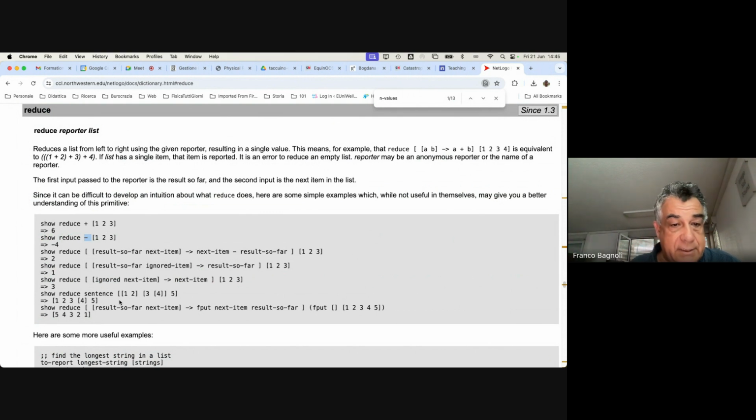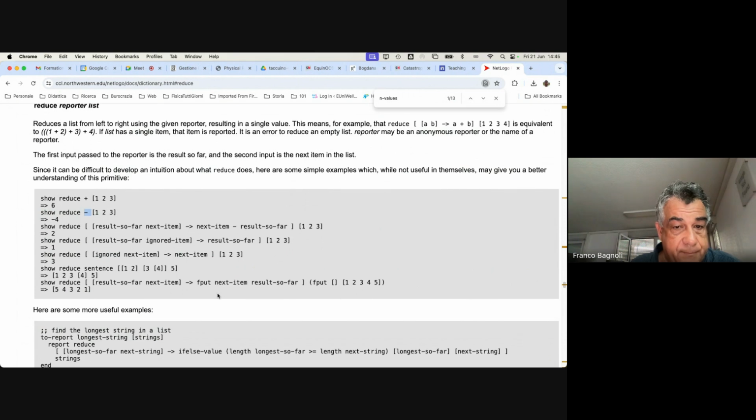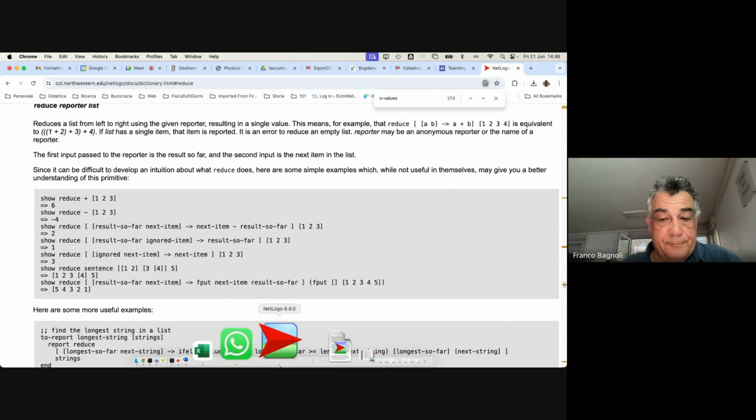So it takes the result so far and the next item, and then you can define which operation you want. So just the size of the list by sum.